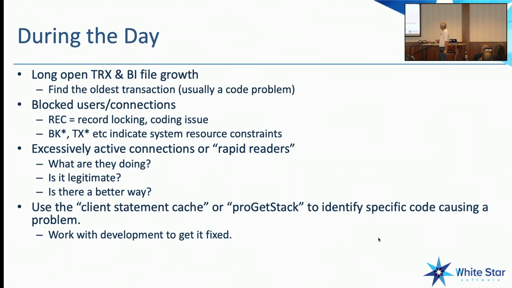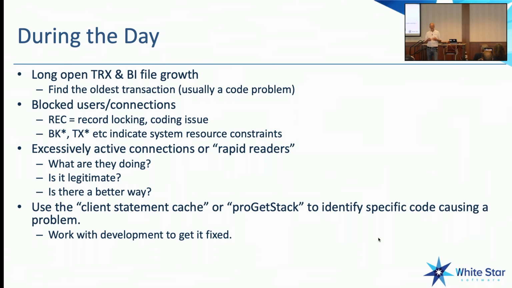You're looking to see whether the BK and TX system resources have any constraints on them. You're looking for any excessive activity or rapid readers. You're trying to figure out what they're doing, what's different about this, why is this all of a sudden happening. Sometimes it's legitimate.